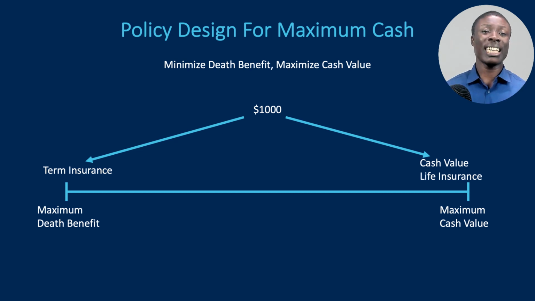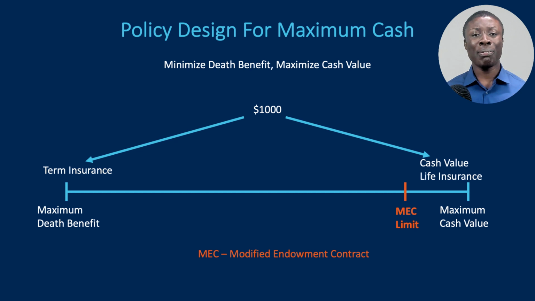In the 1980s, many wealthy people put vast amounts of money into cash value life insurance and enjoyed the growth tax-free through loans. As a result, the IRS decided that when you cross a certain limit, known as the MEC limit, the policy will no longer be regarded as a life insurance contract, but rather what we call a MEC, Modified Endowment Contract.